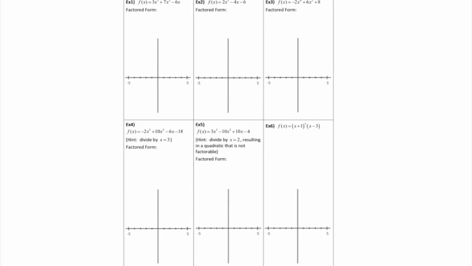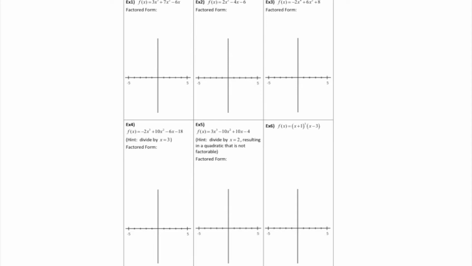And so really I want you to focus on the x-intercepts or the zeros and the end behavior on both the left and the right, the up and down aspect of the end behavior, and look for any places where there might be a change of direction that doesn't trigger an x-intercept, which you'll see what I'm talking about in number 3 and number 5. Look for double or triple roots and make sure that you draw those, and I'll zoom in on some of them when I'm showing you the Desmos aspect of the graph.